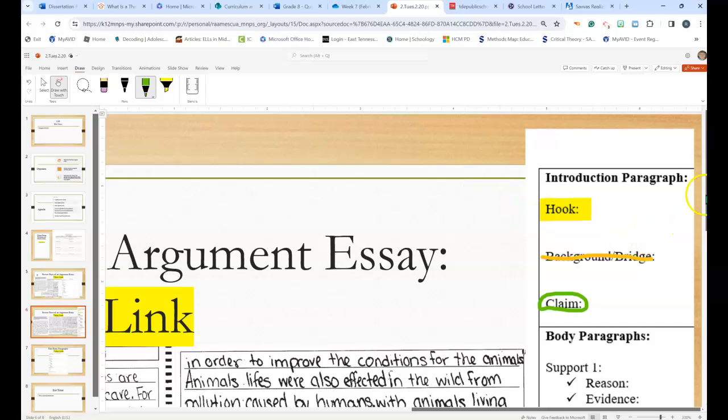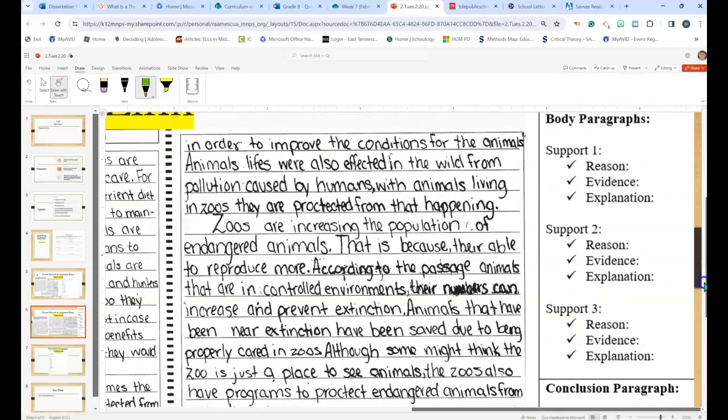Then when we go down into the body, each one of these is a paragraph. Each paragraph should have at least one reason with evidence to support it and an explanation of how that evidence supports the reason. So we're going to make our reasons red.